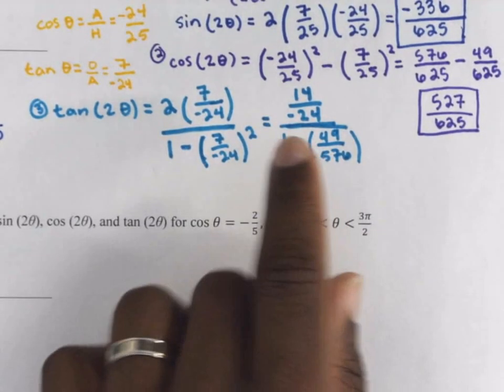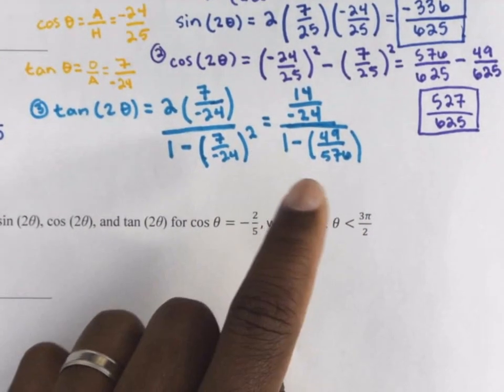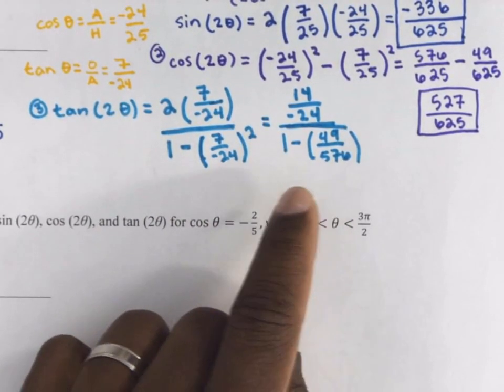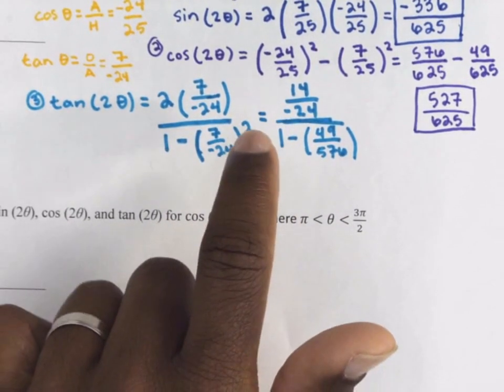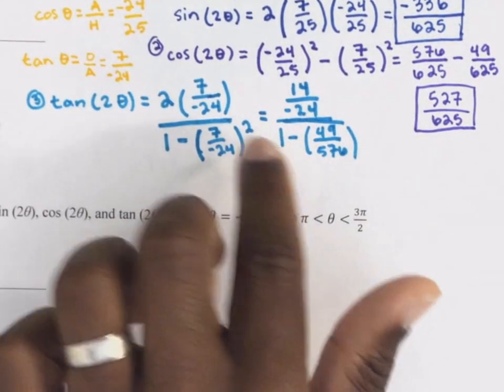Now I want to get these two numbers in the denominator to be just one fraction. In order to do 1 minus this, I need a common denominator of 576. So I need to rewrite how the 1 looks. If I change 1 to be 576 over 576, I'll be able to subtract these two.